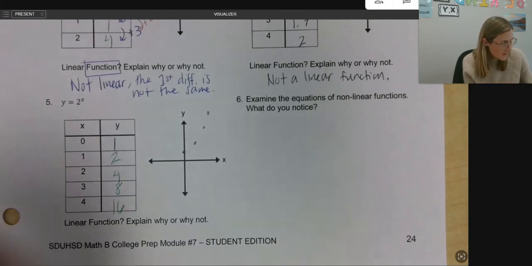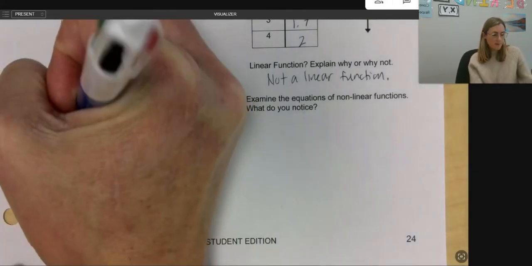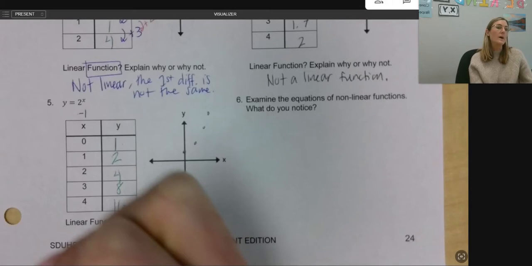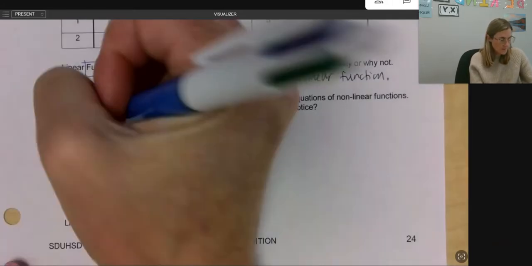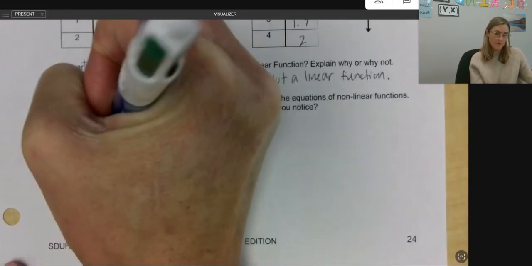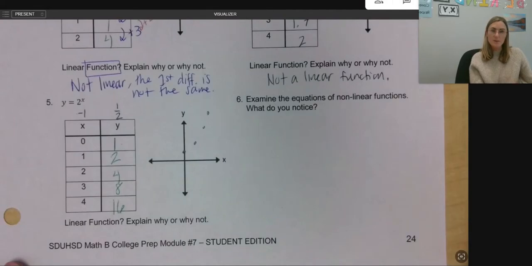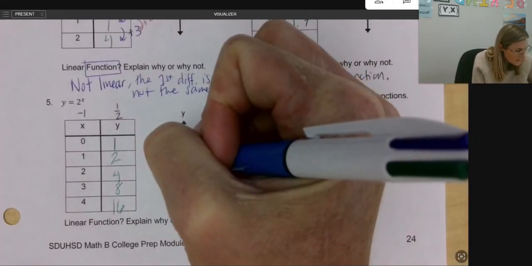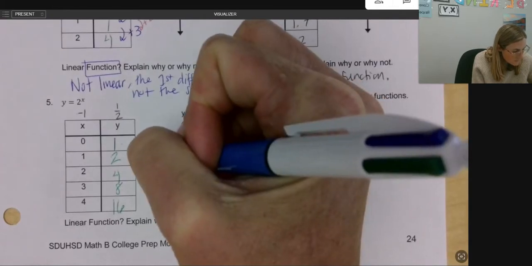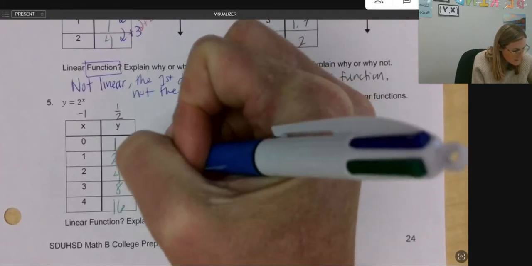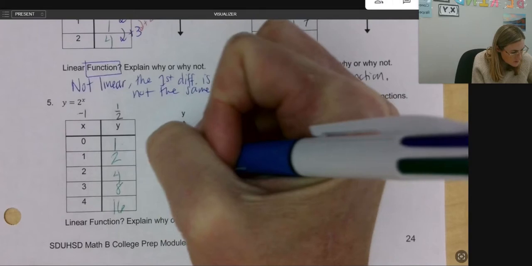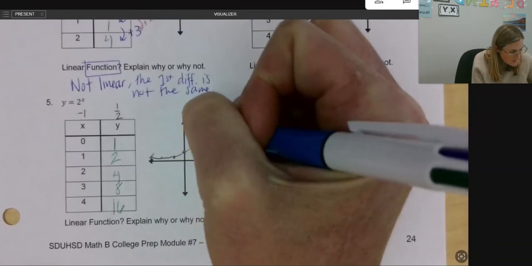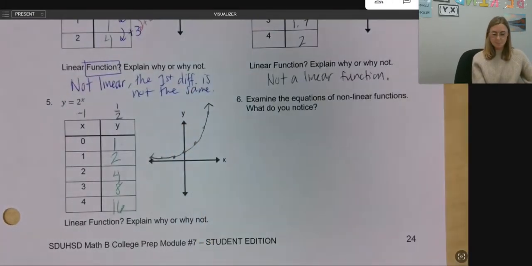If we were to say 2 to the power of negative 1, that would be 1 over 2 to the power of 1, or half. Remember, a negative exponent just moves that to the bottom. So if it was negative 1, it would be half. If it was negative 2, it would be 1/4, and so forth. So this is actually never going to touch that x-axis. It's going to look kind of something like that.